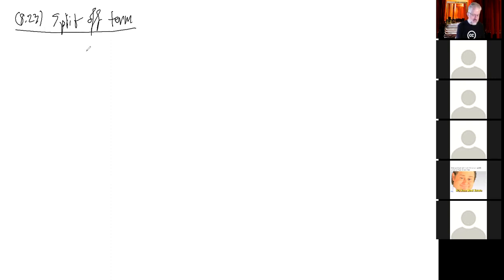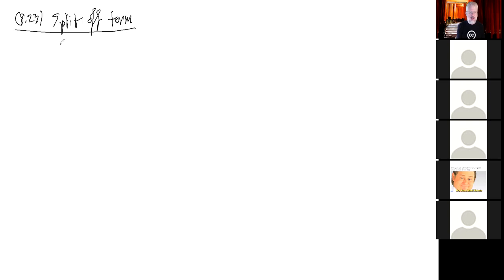So let me grab my copy of the thing here. Let's look at exactly what split off term says, and then we'll think about what that might mean. So theorem 8.23, split off term. I'll just focus on A, but all of this applies in varying ways to B as well.